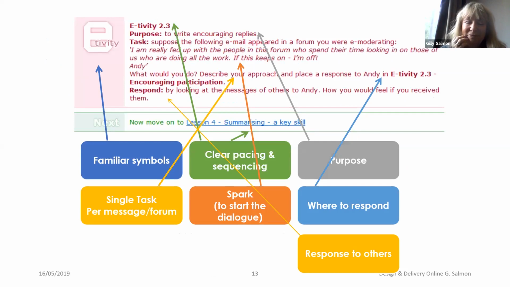Here's one. It's a very simple example. This is from a course that I've taught for many, many years to train teachers to become e-moderators. But I think it shows you the anatomy of an e-tivity. So first of all, the e-tivity 2.3.